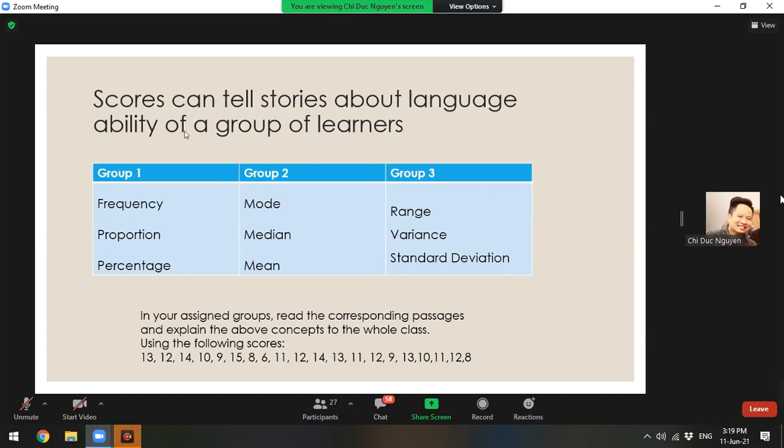So we have many stories that are normally implicit behind the numbers. The numbers can tell you a lot of stories if you know how to analyze them.